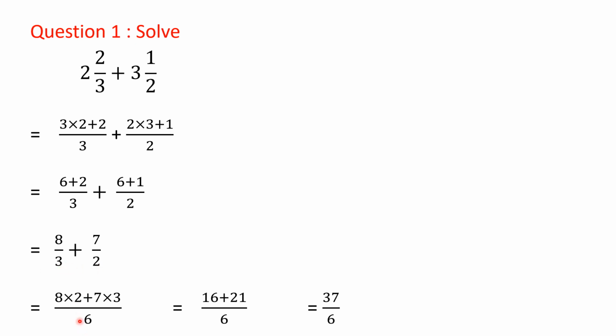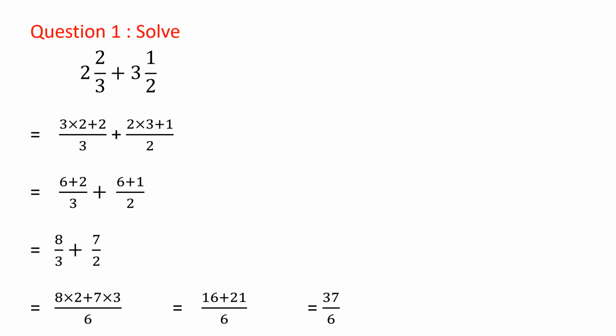So you write 6. Then 3 into how much is 6? 3 into 2 is 6. So you write 2 here and you multiply it with the numerator, right? 2 into how much is 6? 2 into 3 is 6. So you write 3 here and you multiply it with the numerator. Now again multiplication. So 8 into 2, 16. 7 into 3, 21. 16 plus 21, you get 37. So 37 by 6 is your answer, right?